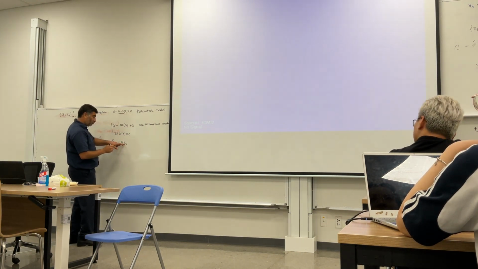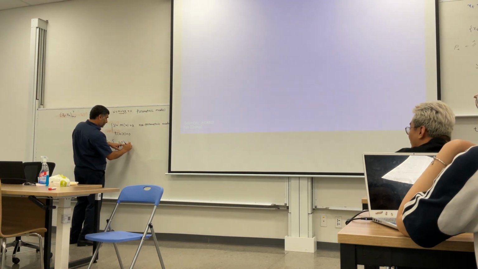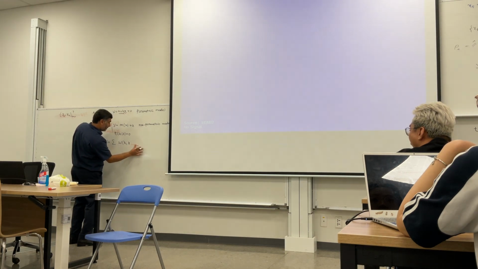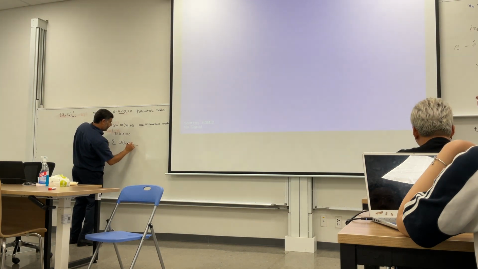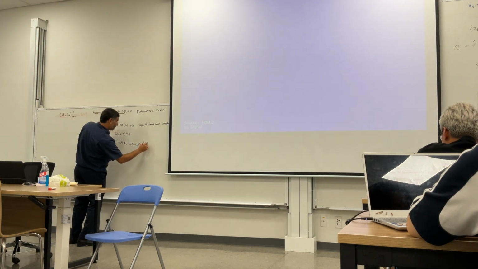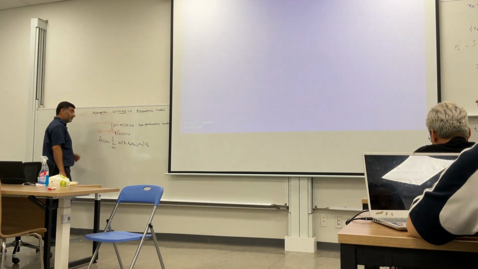So the weighting scheme should be a function of this x and all of the observations x1, x2, up to xt, where t runs from 1 to T.